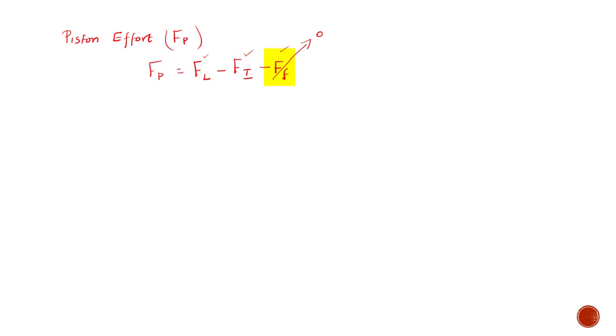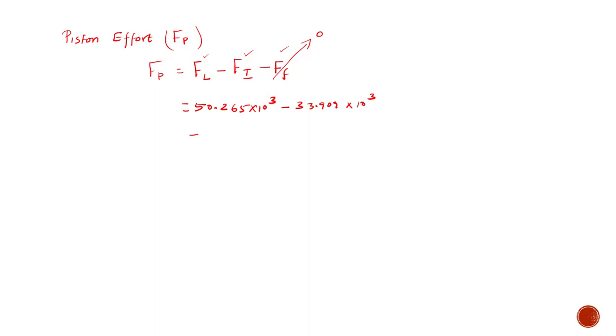Okay, so the equation becomes FL minus FI. It's very simple. This value I have already calculated: F equals 50.265 times 10 to the power 3, minus the value already calculated, 33.9 multiplied by 10 to the power 3.